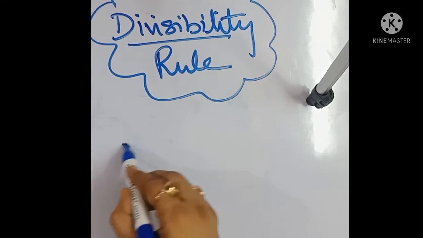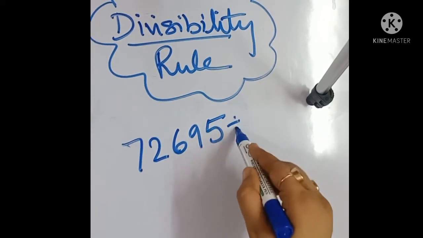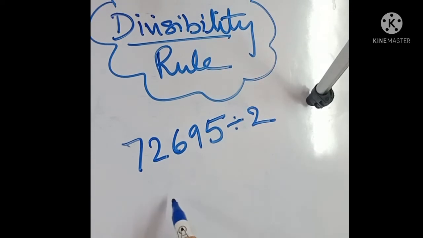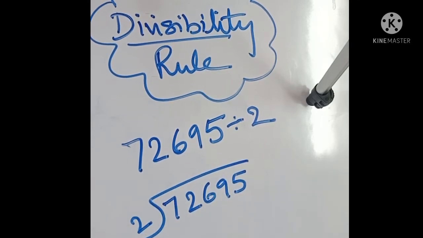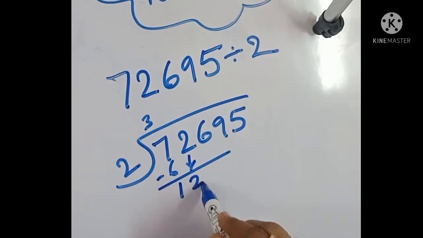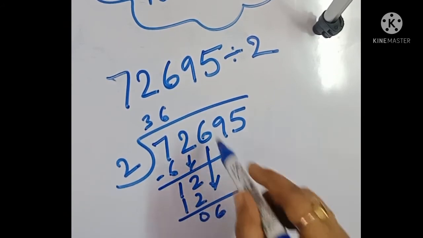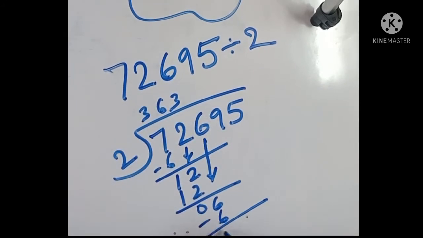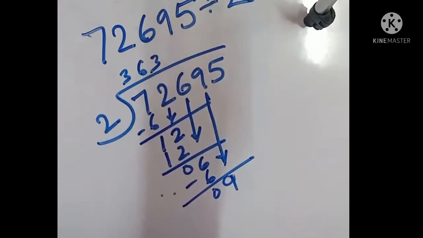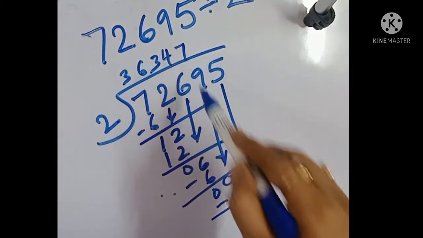If the number is 72,695 and we have to check whether this number is divisible by 2 or not, then we will divide this number, 72,695 divided by 2. 2 3s are 6, minus, 1 will come, 2 will come down, 2 6s are 12, 0, 6 will come down, 2 3s are 6, 0, 9 will come down, 2 4s are 8, we will subtract it, 1 and 5 will come down, it will become 15, 2 7s are 14.